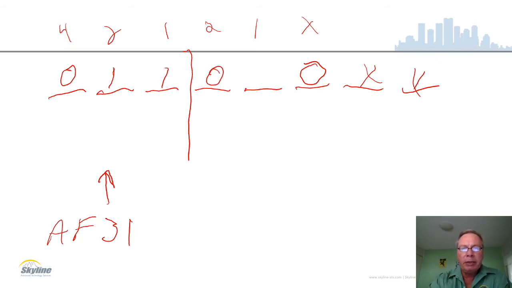Well, just like this. So AF31 looks like that. A 3 on the left side and a 1 on the right side, making sure we remember not to use the last bit. Well, what does AF31 compute to if I wanted to recognize it just with DiffServ code point instead of AF31? Well, now you would fill in the DSCP values.